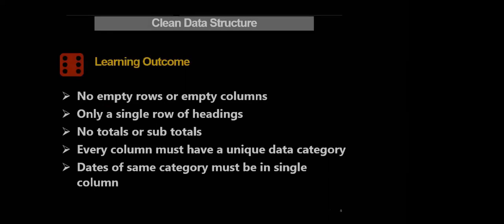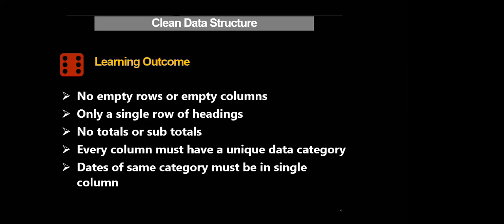So let's go to what we need to learn. When we talk about data structures, we are saying that whatever data you get and you think you need to analyze, the first thing you need to do is to look at that data and ensure that it meets certain conditions or criteria. Some of these are what I have outlined here.